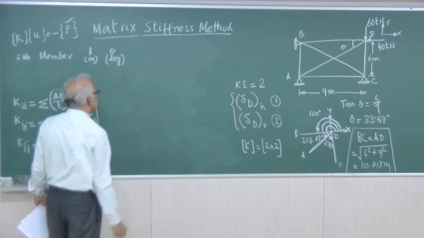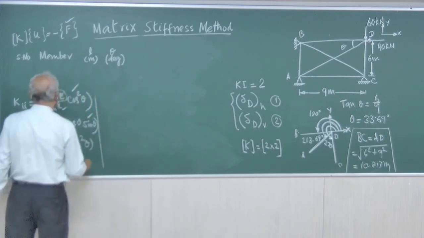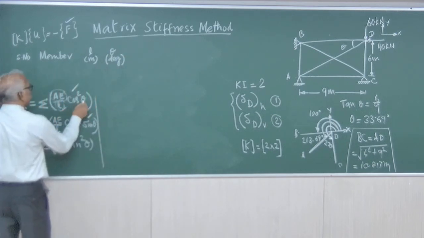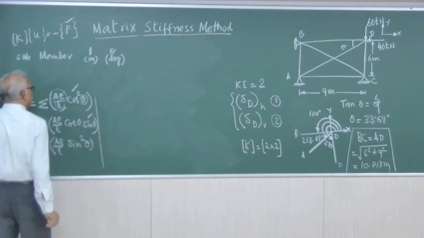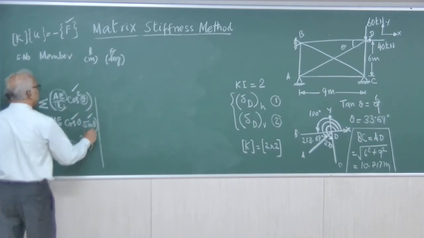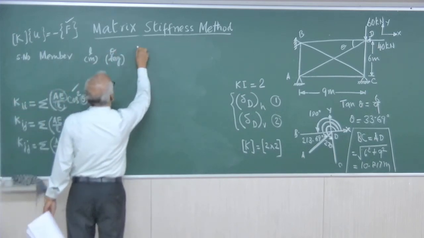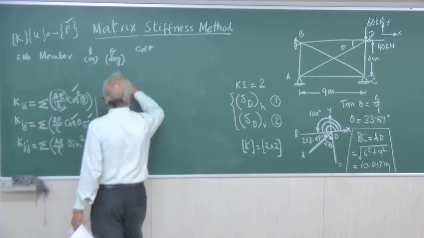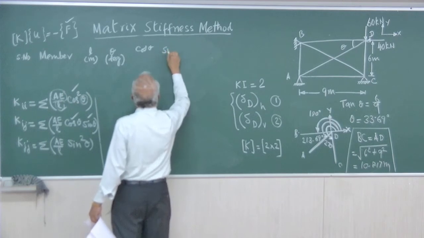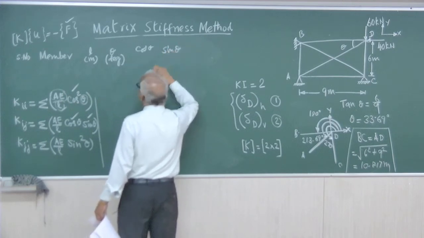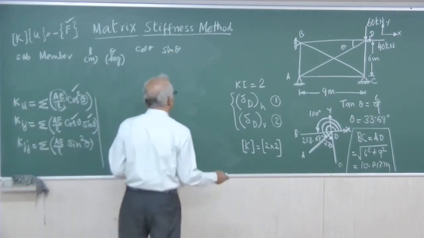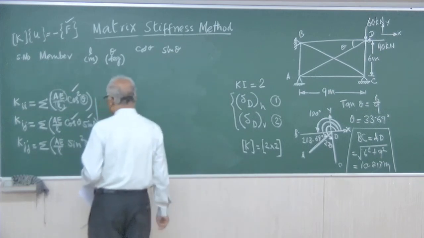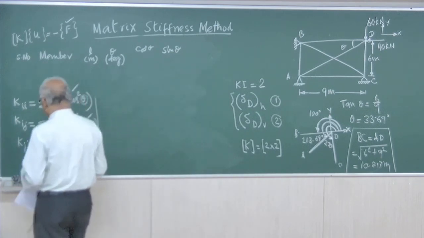So L we have opened a column, theta we have opened a column. Then cos theta, one column, and sin theta. Other things we will continue. We will first write down the values.